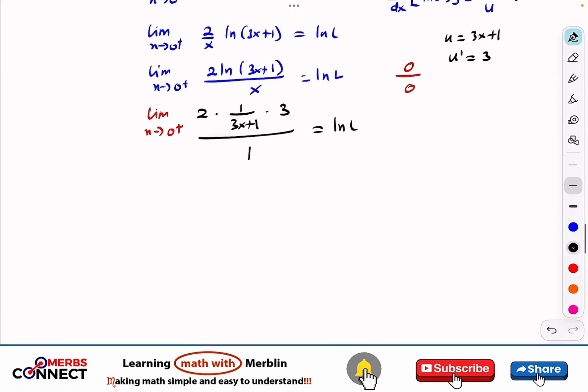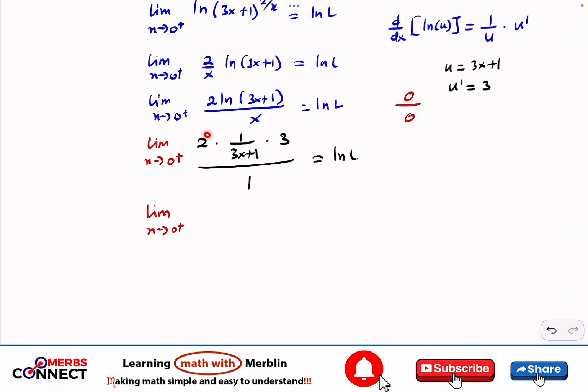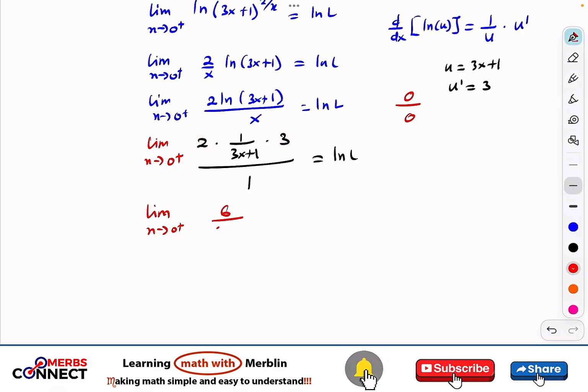We are almost there. Now I can write this as the limit as x approaches 0 from the positive. I can multiply the 2 by the 3 and have 6 divided by 3x plus 1. Now this is divided by 1, so it just goes away.